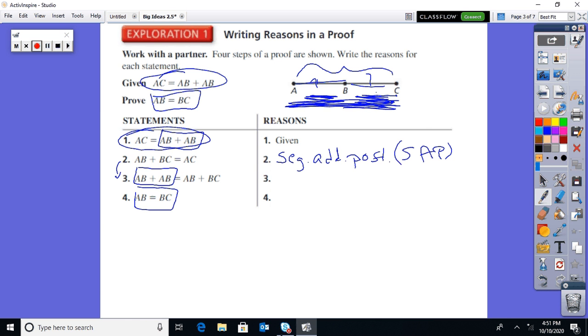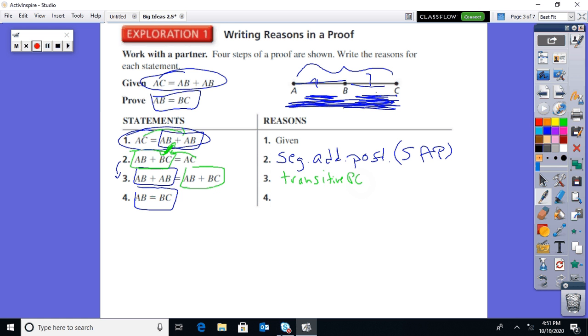AB plus BC, let me color code it. That is the same as that. All right, well, think about what properties we had in the last section. If AC equals AB plus BC, and AC also equals this, then they put these two things together. Well, that's one of two things. You could call that the transitive property.